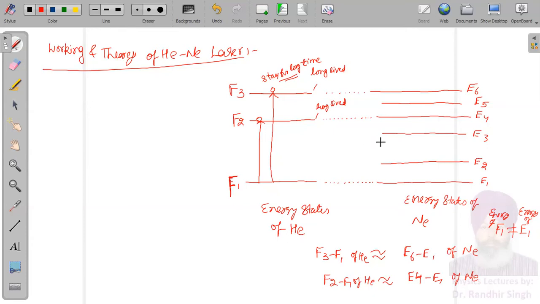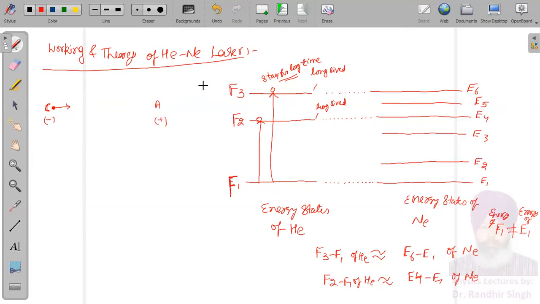So what is going to happen? Let us see now. If we start an electron from the cathode, let us say this is the cathode and this is the anode in the discharge tube. The cathode emits electrons. Suppose this is an electron; after emission it will move toward the anode, because the cathode is given negative potential and the anode is given positive potential.